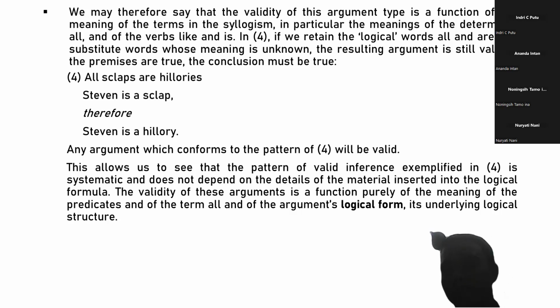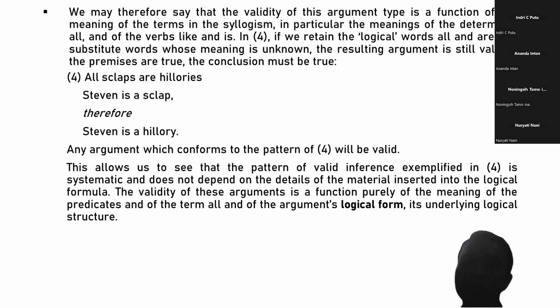Okay, from this conclusion of the concept of syllogism, we can take the important point, the highlight, that the second premise can be used as the first part of the conclusion.